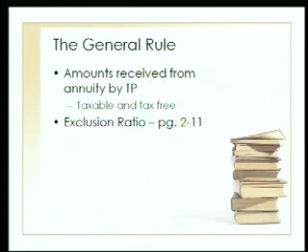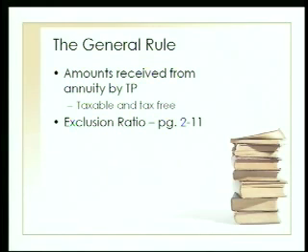The amount that we put in is tax-free, but the earnings on it are taxable. On page 2-11, we have what they call an exclusion ratio, so I can determine how much of the monthly or annual annuity payment that I receive is going to be taxable to me.